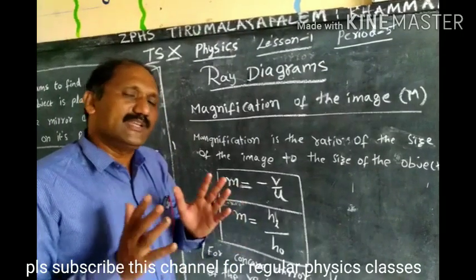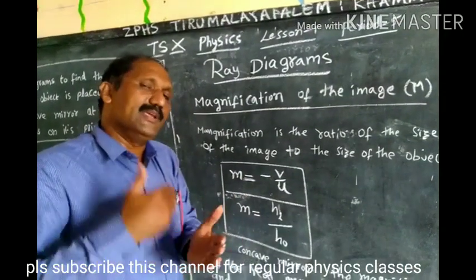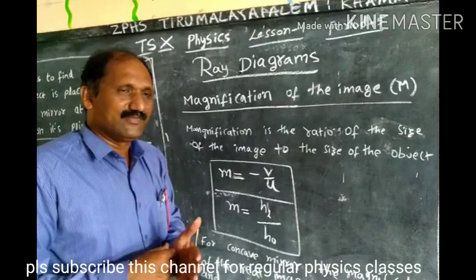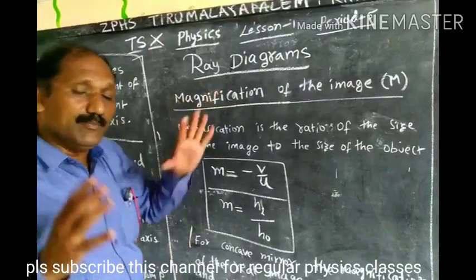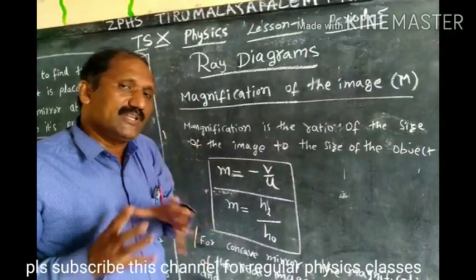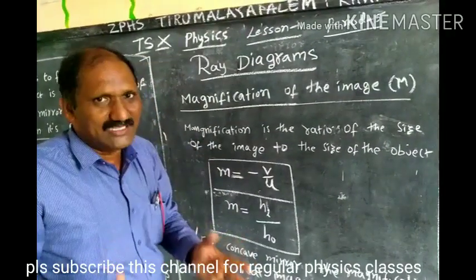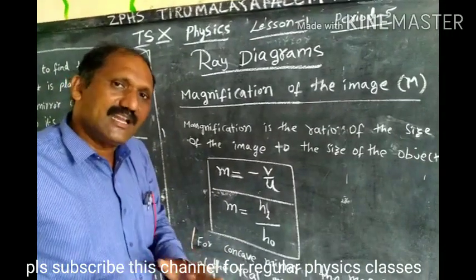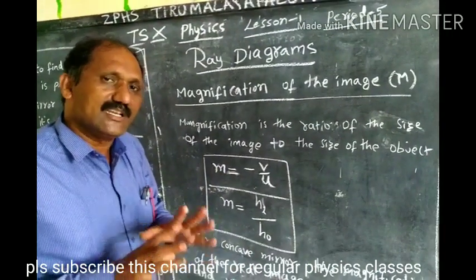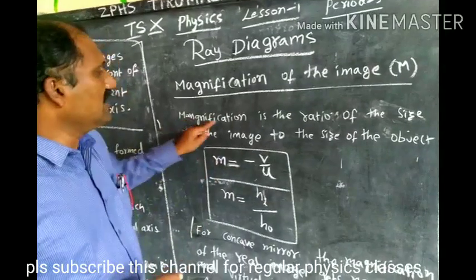It can become big or small. Now magnification simply means the ratio between the size of the image and the size of the object.